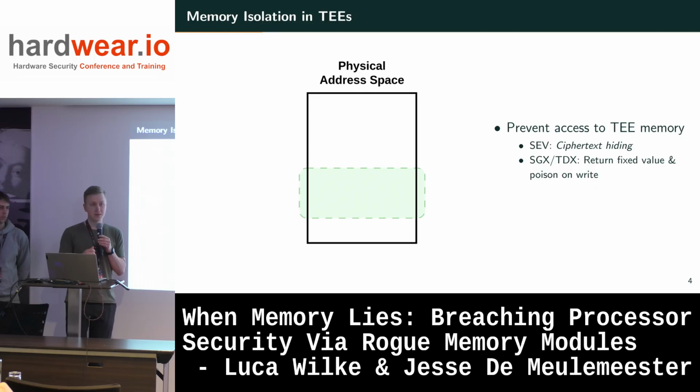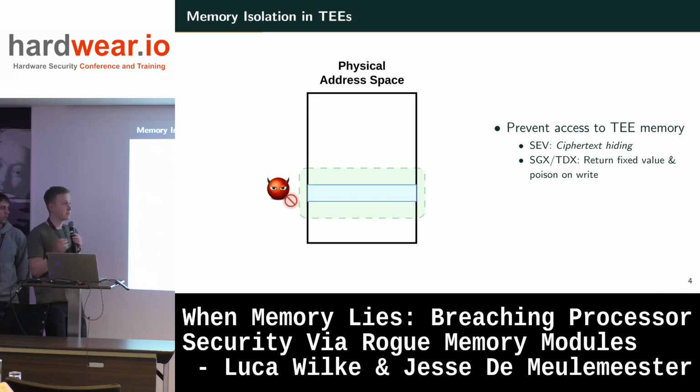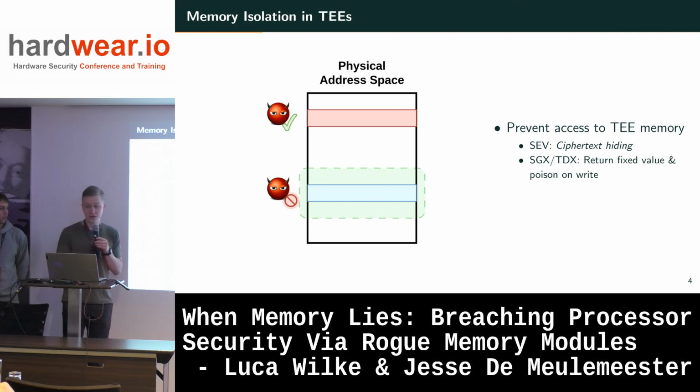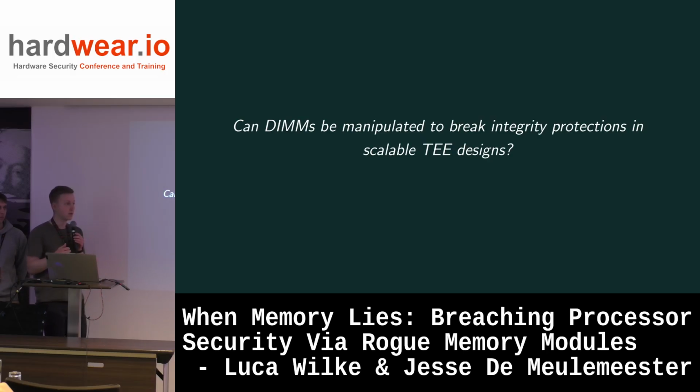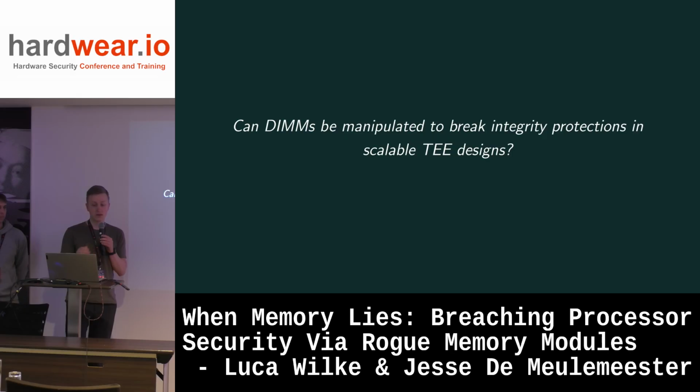The rough idea is that we define a region in the physical address space where the data of the TE lives, and this mechanism then prevents even privileged software components from accessing this part of the memory, so that they are restricted to the non-TE memory. This is the part where we want to see if we can overcome it with our attack, by asking whether we can manipulate the DIMM and the memory subsystem in such a way that we can overcome this isolation.